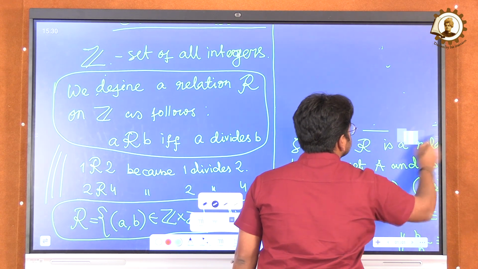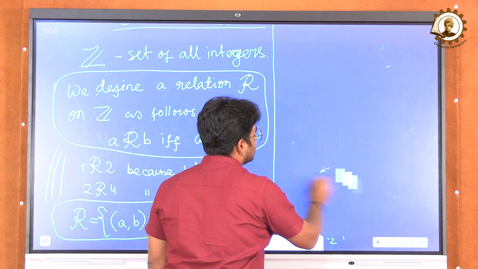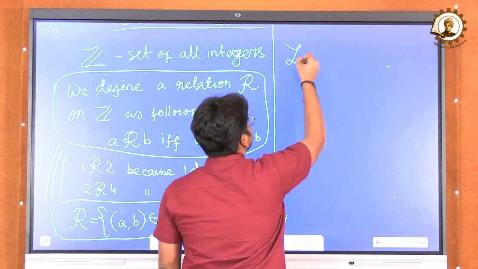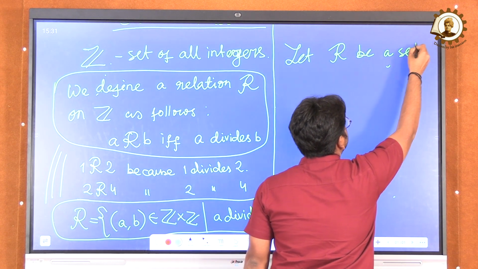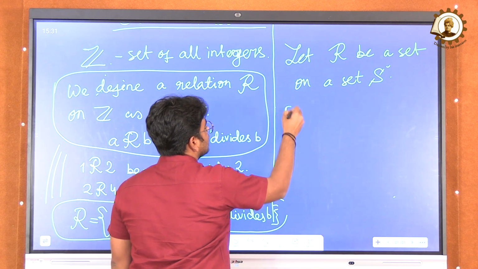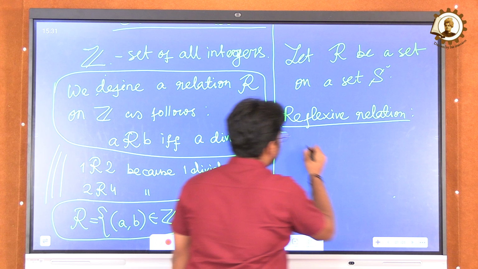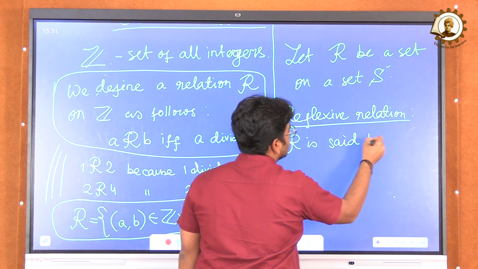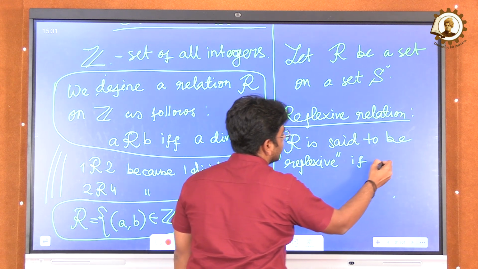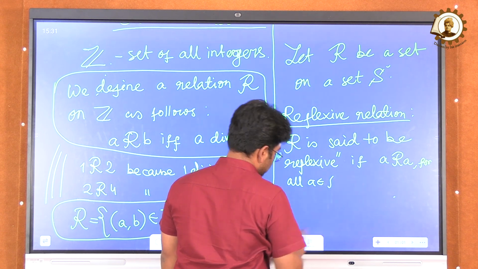The first one is reflexive relation. From now on, we let R be a relation on a set S. R is said to be reflexive if A is related to A for all A belonging to the set.